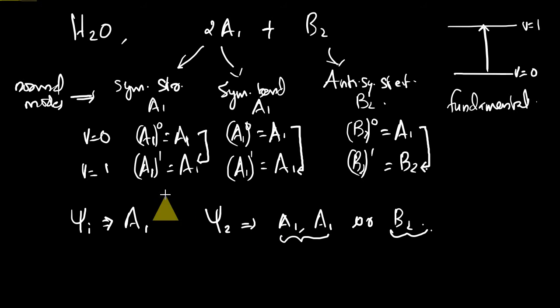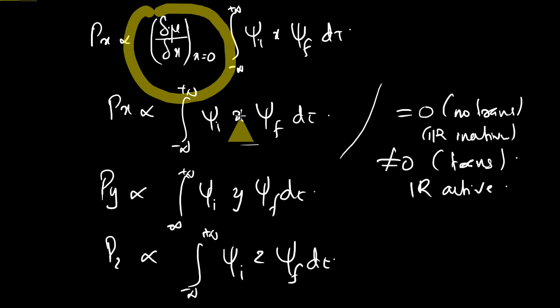Now what is the symmetry corresponding to the operator? And the operator in our case is x if we are going to calculate px, right? The operator is x in this case. In the case of px, the operator is x, and in the case of py, it is y, and so on, right? So we have to get the symmetry species corresponding to x also. That is also very easy.